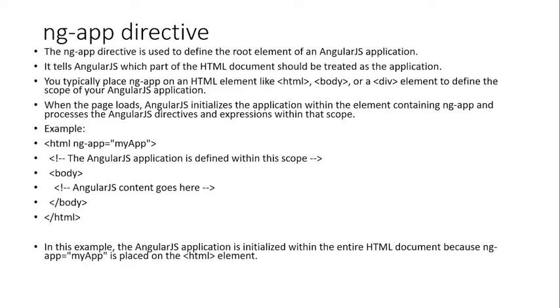The AngularJS application is defined within this scope. Within this scope I am declaring the ng-app directive, and the name of the ng-app is myApp, right? This is how we are going to use the ng-app directive.